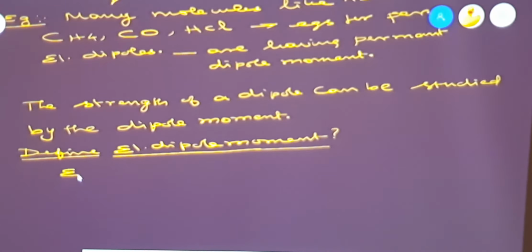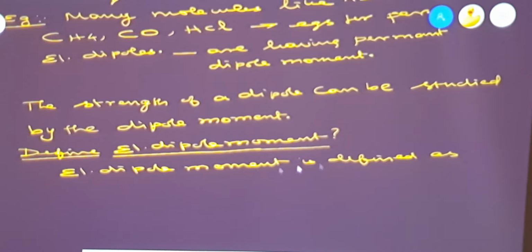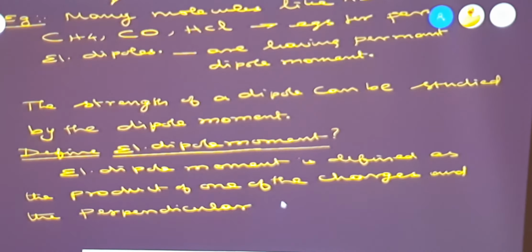Usually, electrical dipole moment is defined as the product of one of the charges and the perpendicular distance between the two charges.